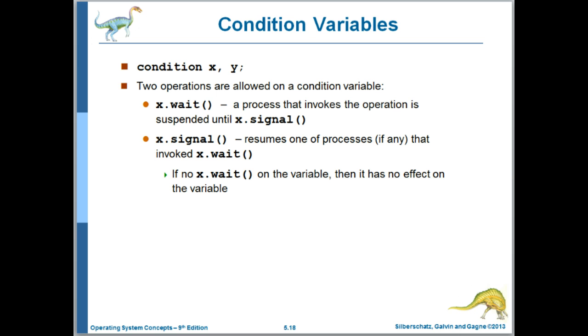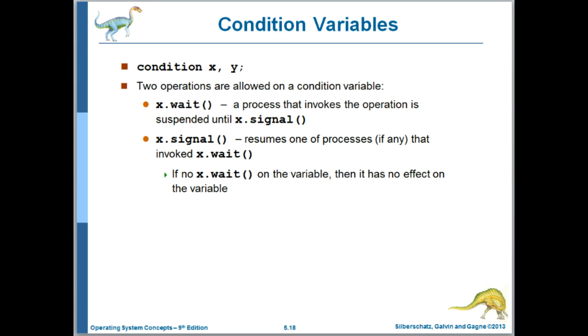We want the producer to stay at that point in its method but block there. But monitors on their own have no mechanism to do so, and that's where condition variables come in.